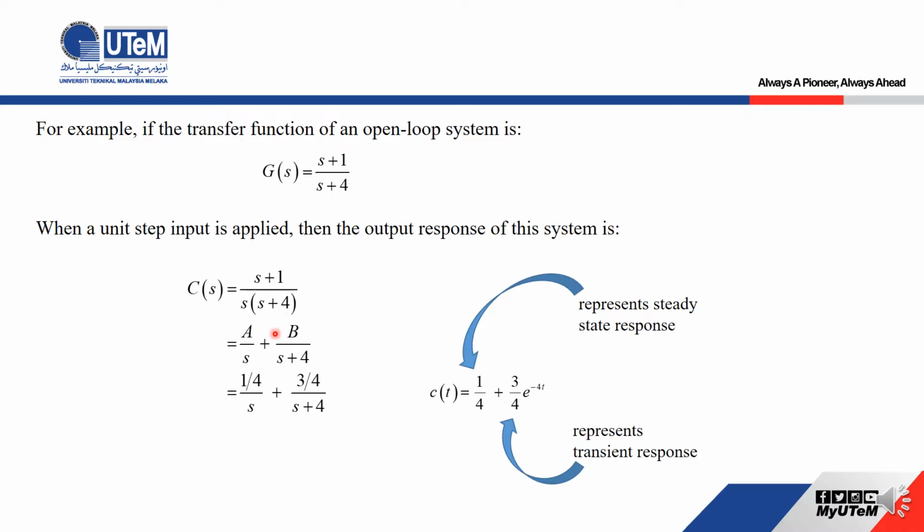After we do partial fractions and apply the inverse Laplace transform, we get c(t) equal to 1 over 4 plus 3 over 4 exponential power of negative 4t. This is the output for the system in the time domain. This 1 over 4 is the forced response, and this component is the natural response or transient response.